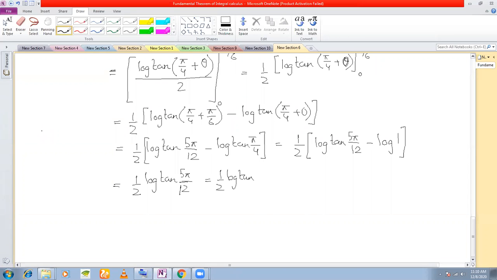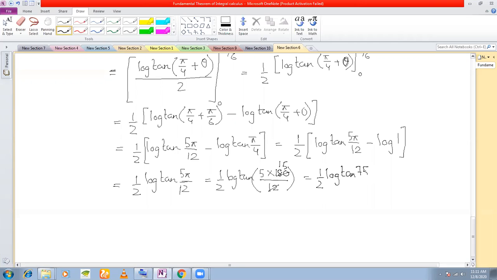But what you can do is convert pi by 12 to degrees. 5 into pi is 180 divided by 12. So it is half log tan 75 degree.